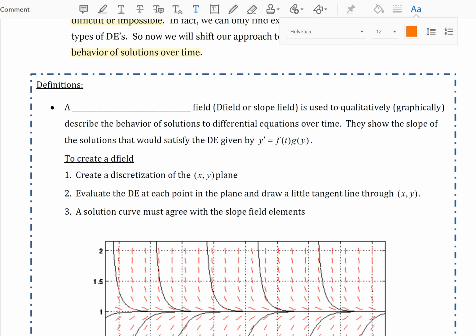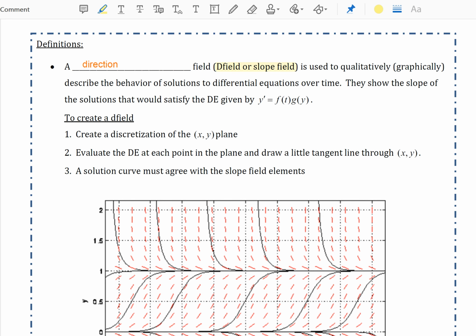So, first definition, a direction field, also called a D field or a slope field, is used to qualitatively, graphically, describe the behavior of the solutions of differential equations over time.